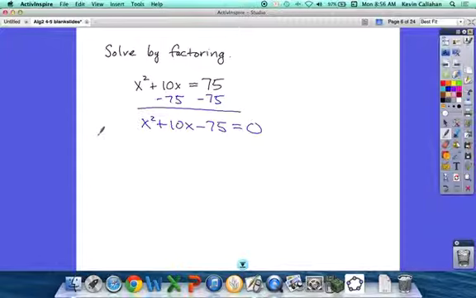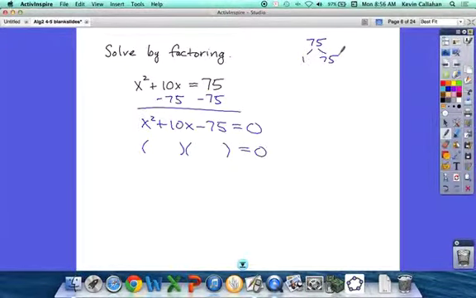Do you remember that homework problem? What were the factors of negative 75 that added up to 10? If you go back 2 homeworks ago, you've got it. What are the 2 numbers? 75 could be 1 times 75.